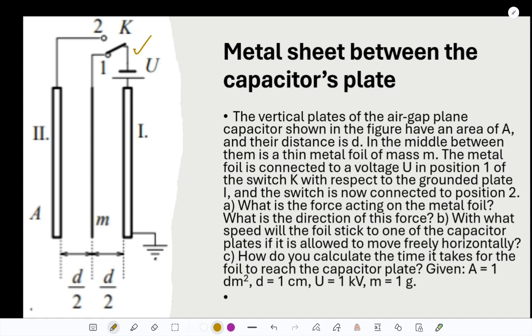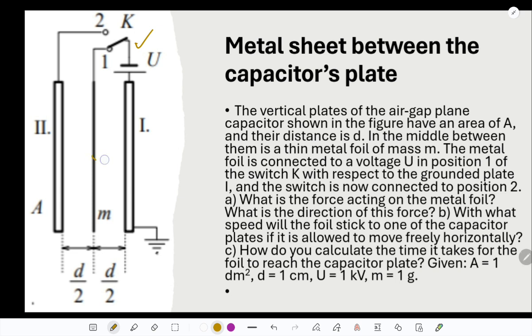And here are some given parameters. So we need to solve this problem, and let's start solving this problem when the switch is at position 1, that is in this position.